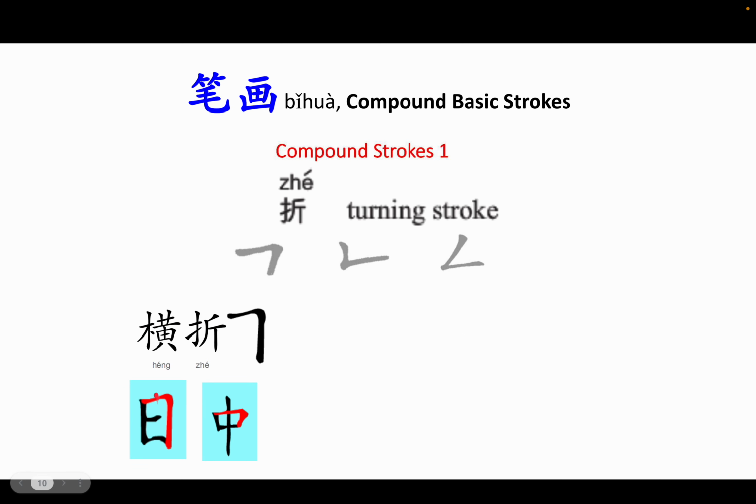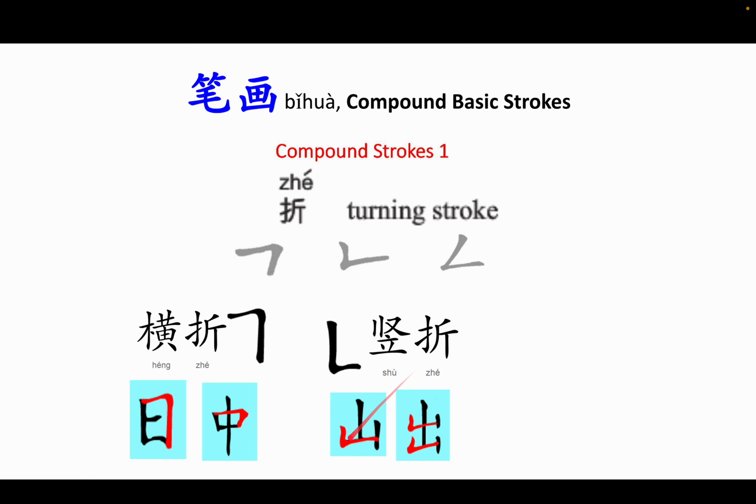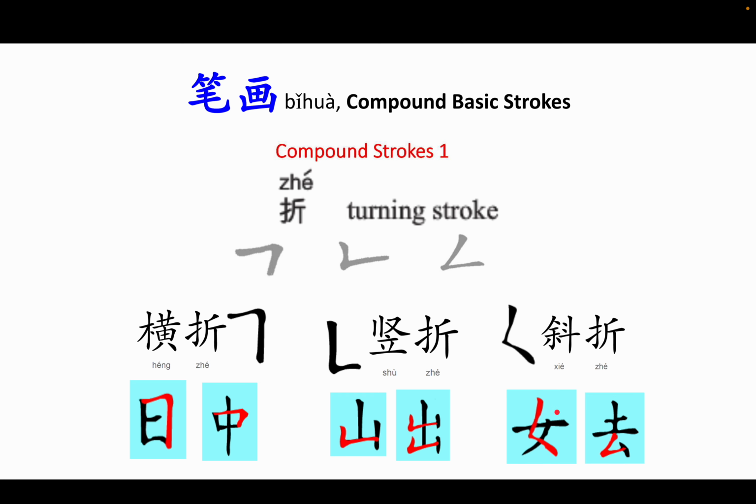In 横折 you can see we use this stroke in 日 and 中. 竖折 we use it in mountain and of course out, the character of out, 出. And 斜折, remember that we have female or woman, 女, also 去, to go.